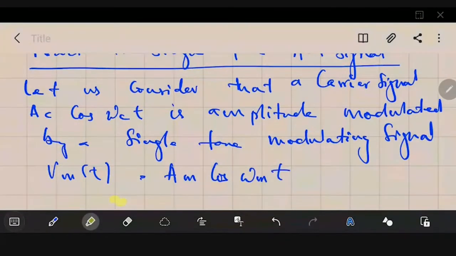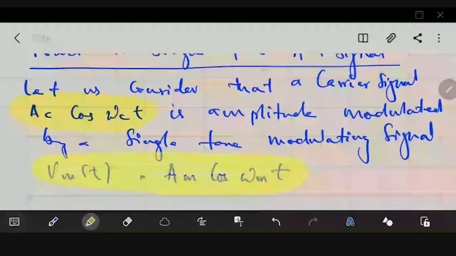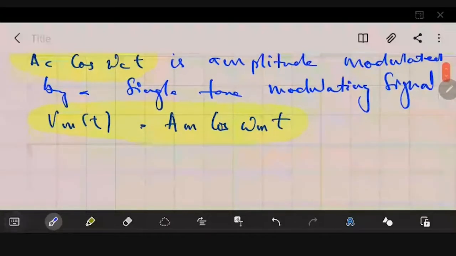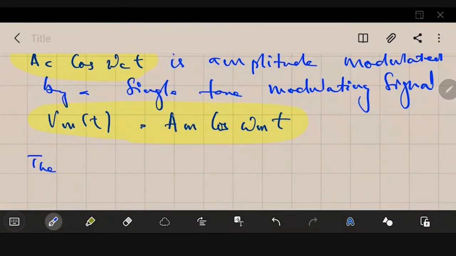Okay. So you could see this is the carrier signal, and this carrier signal is being modulated by this modulating signal. Okay. So now let us find out the carrier power and the sideband power. We will use our normal expressions that we now use. Then the unmodulated or carrier power.